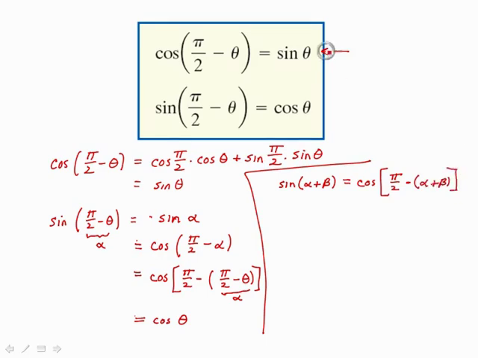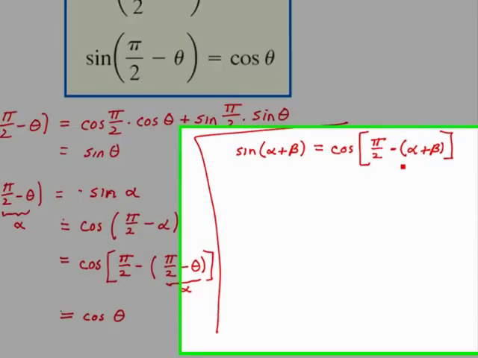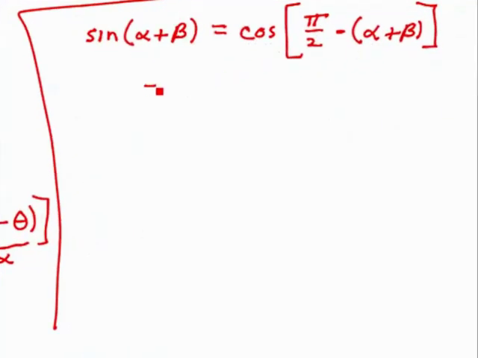So again, I'm using this identity right here. Theta is alpha plus beta. You see that? And I can just rearrange these as the cosine of pi over 2 minus alpha minus beta. Like that. And I'm going to treat this as one angle.